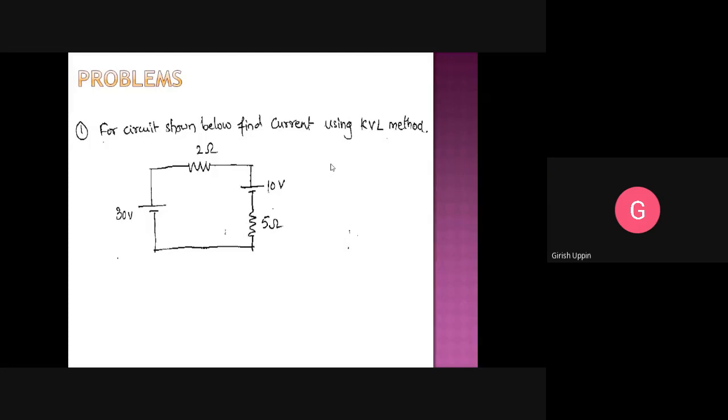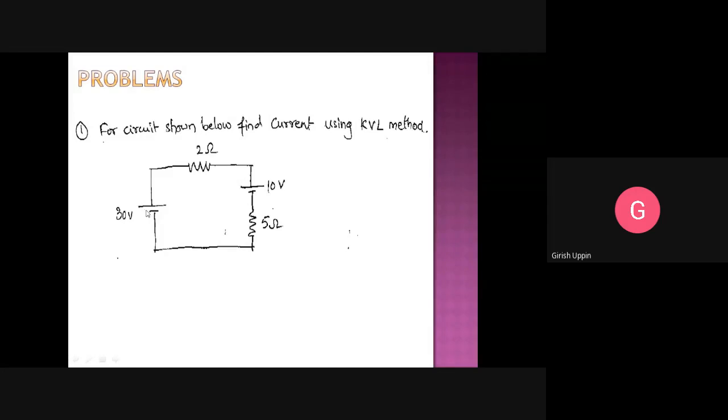So your observations are correct, but the reason they are in series is that the same amount of current flows. Somebody said it is the same loop; one loop means only one current will flow. For argument's sake, if 5 amperes of current flows, the same 5 amperes will flow through 2 ohm as well as 5 ohm. That is why they are in series.